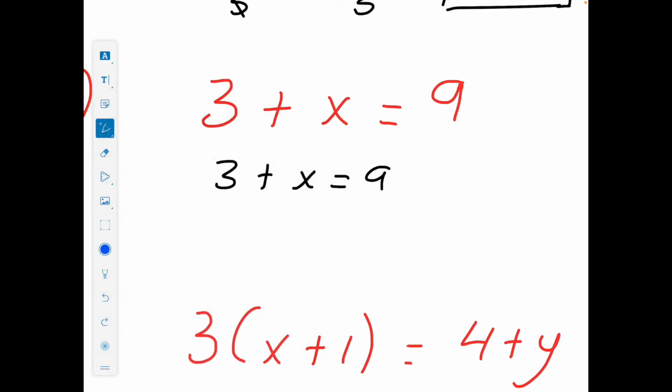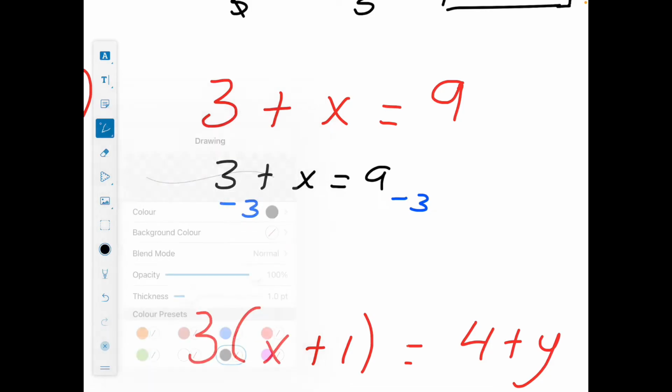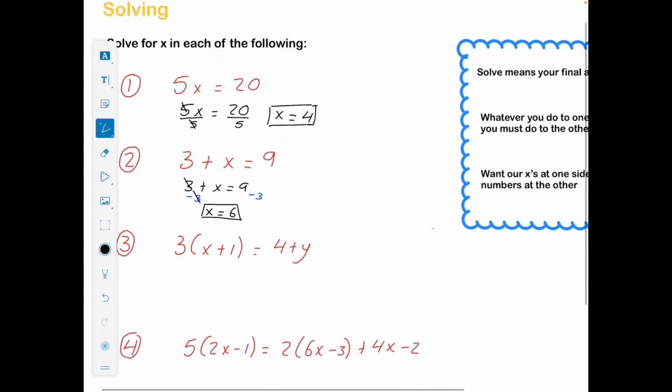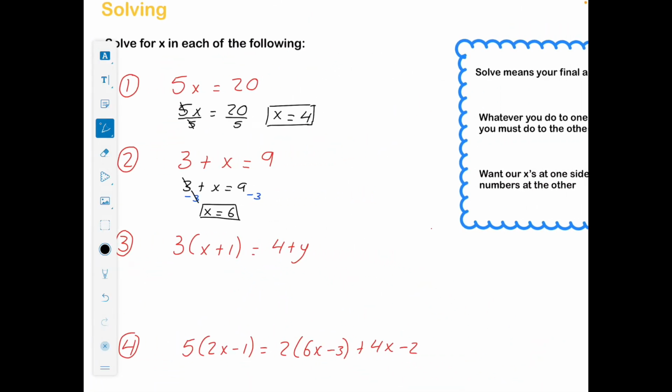So this 3 here is my problem. We want to get rid of that. To get rid of that, we need to subtract 3 from both sides. So we subtract 3 from this side, and we subtract 3 from that side. Then these cancel out, and we end up with x is equal to 9 minus 3, which is 6. And again, that's the answer we thought it would be before we did any algebra.